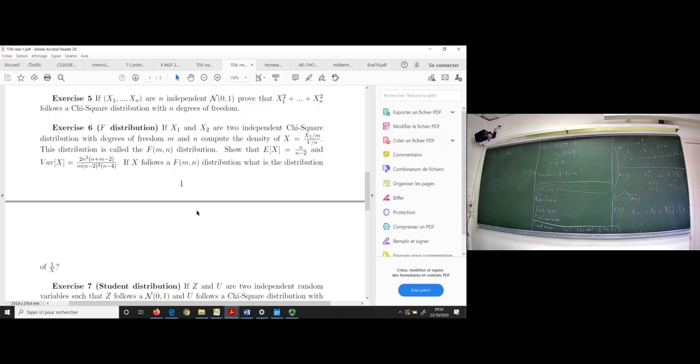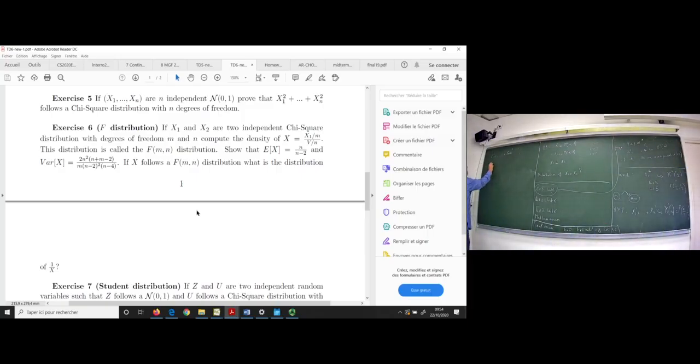You have x1 square plus x2 square plus until xn plus 1 square, and here you have some knowledge about x1 square plus x2 square plus xn square. So what can I do with my sum here? I can split it in two parts. I will make appear what I know.